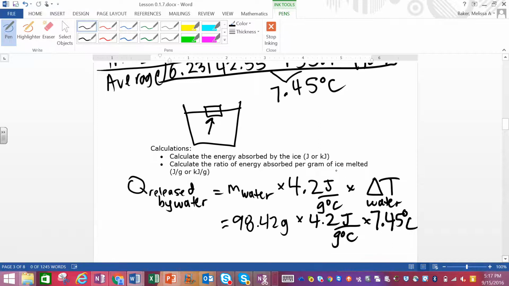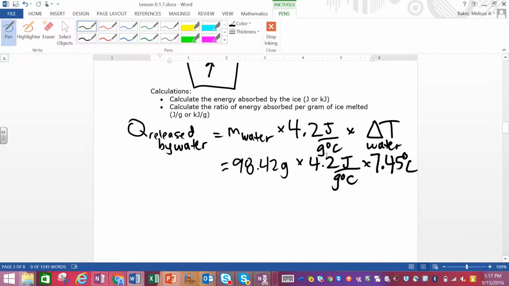Punch that into my calculator and I get 3,079.6 joules. That's how much energy was released by the water, which again, we're going to make the assumption that this is the same as the energy absorbed by the ice cube.